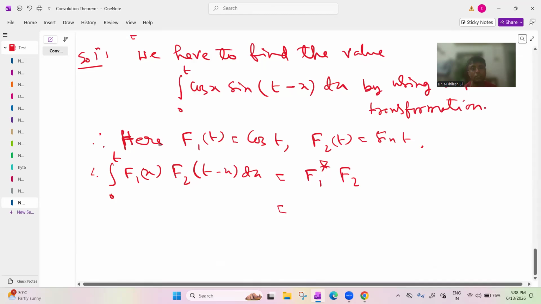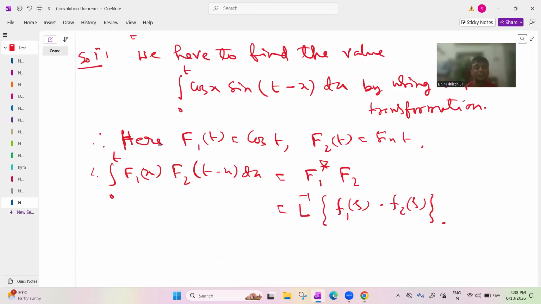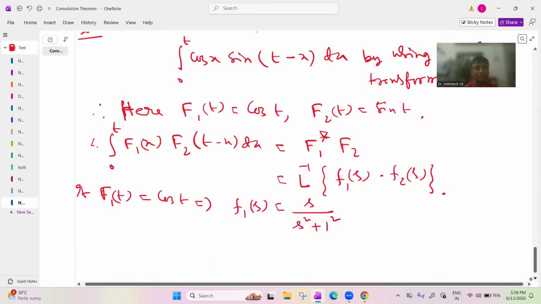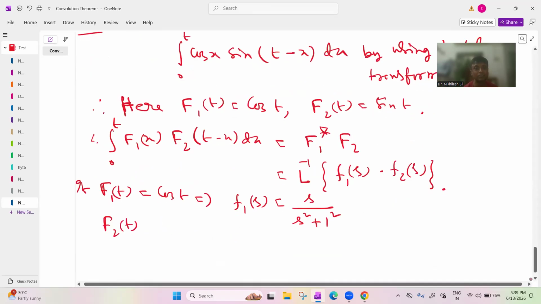This is equal to L inverse of f1 bar s into f2 bar s. Now if f1 t equal to cos t, this implies f1 bar s is equal to s by s square plus 1 square. And f2 t equal to sin t implies f2 bar s equal to 1 by s square plus 1 square.